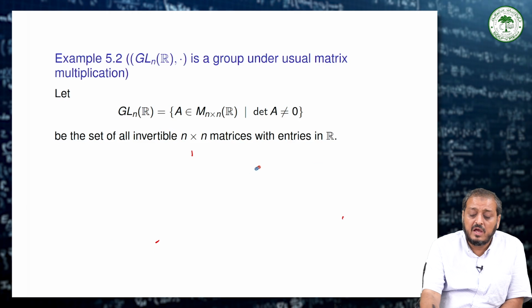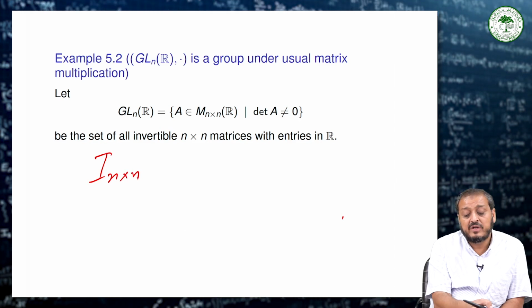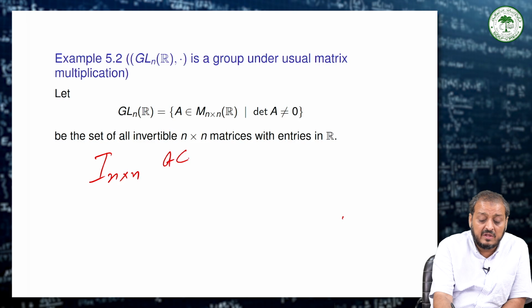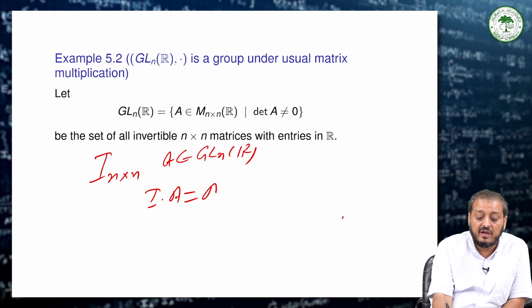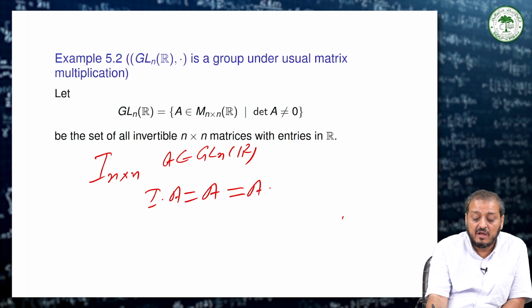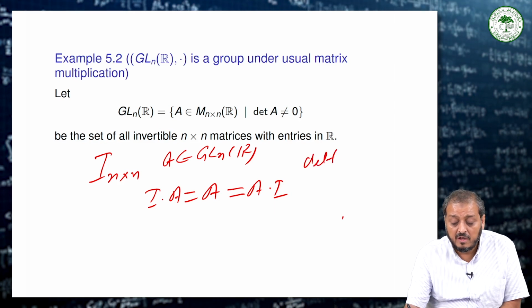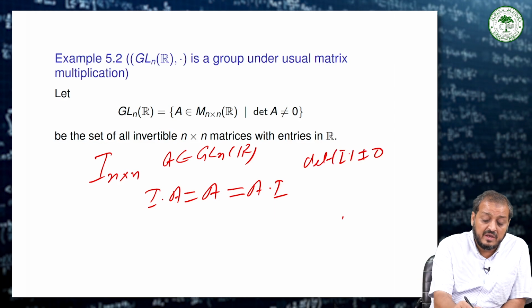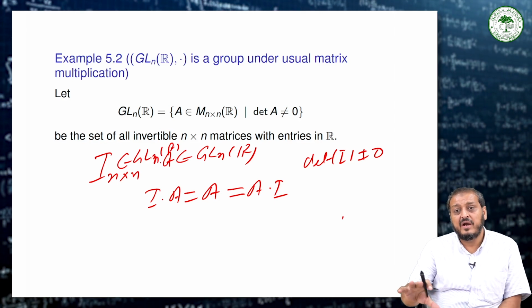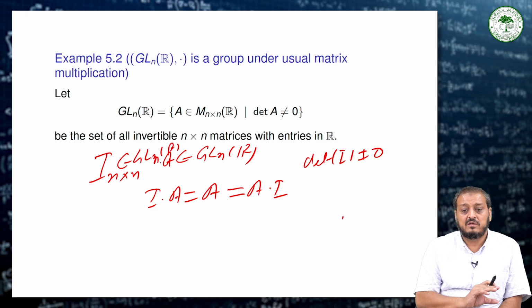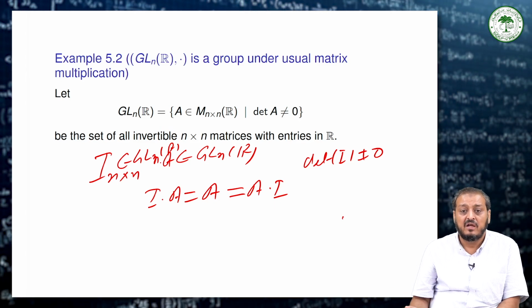We take the n by n identity matrix I, and A is an element of GL(n, R). Then the identity matrix times A is A, and A times the identity matrix is also A. The determinant of the identity matrix is clearly not equal to 0, so I_n is an element of GL(n, R), and it works as the identity of this group.